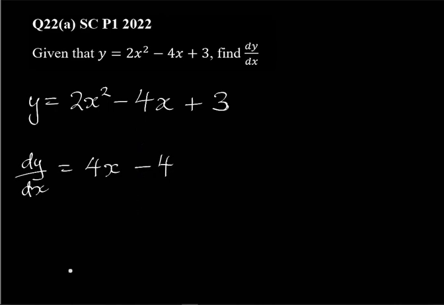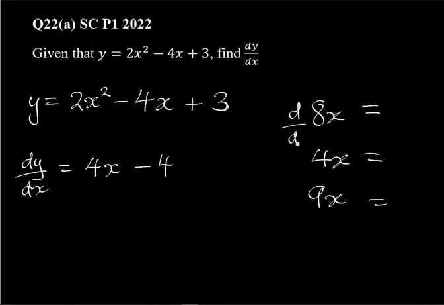So can you see something here? Whenever you just see an x there, for example, you've got 8x, the 4x that we have, 9x, all these are just going to remain with numbers. So if you differentiate this, usually symbolized like that, d dx of 8x, we're going to have 8. d dx of 4x, just going to have 4. d dx of 9x, we're just going to have 9.